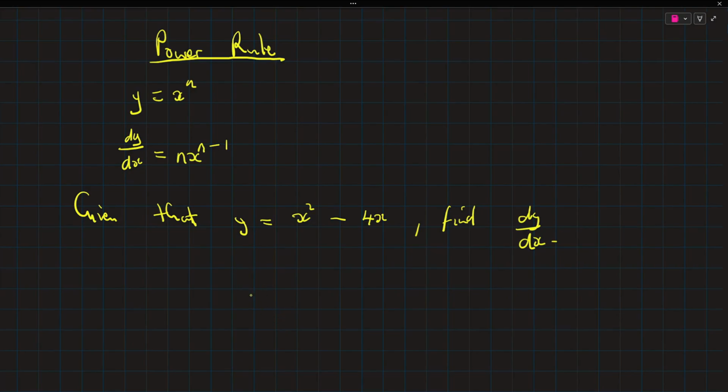You are going just to say dy on dx is equal to, remember our 2x, then the 2 subtract 1, so 2x minus, here our x is raised to 1, so if 1 comes down to multiply 4, it will remain 4, and if we subtract 1 from the index, it will be x raised to 0, and by laws of indices, anything that is raised to 0 is equal to 1, so our x raised to 0 becomes 1, so 1 times 4 will remain 4. So our dy on dx is 2x minus 4, that's our derivative for that function.